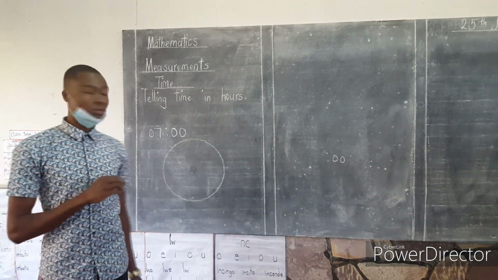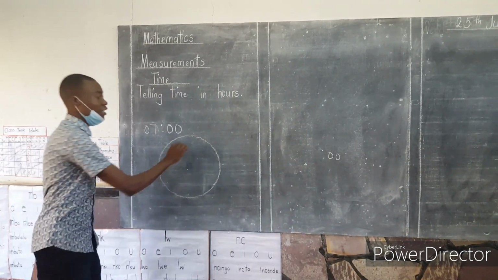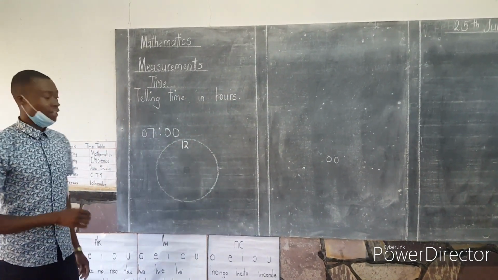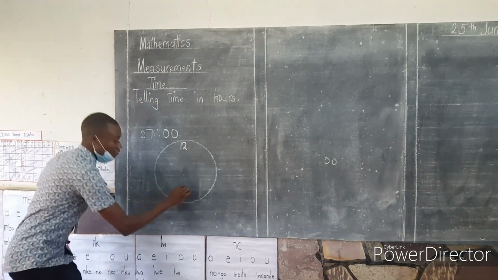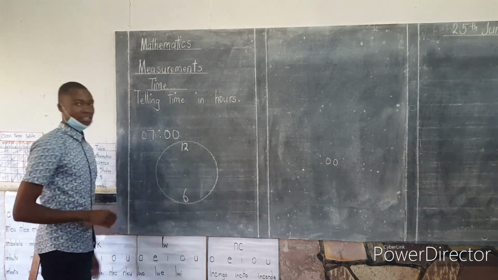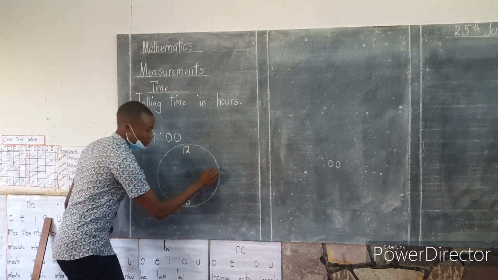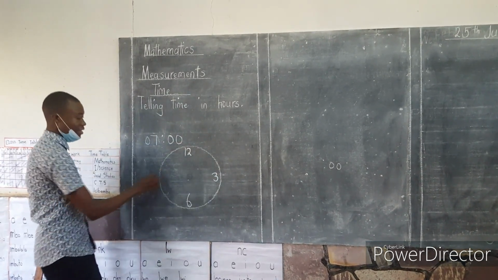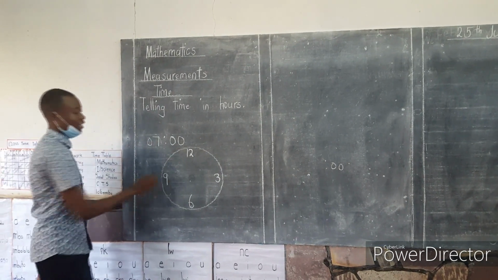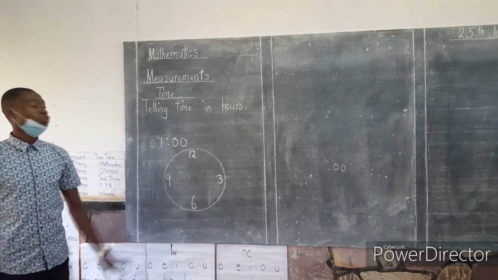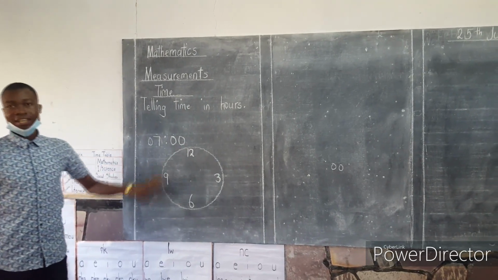Firstly, you need to write 12, then opposite 12 we have 6, then on this side we have 3, then on the other side we have 9. If you write like this, it is going to help you fit in the missing numbers.